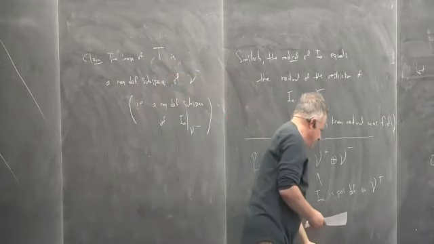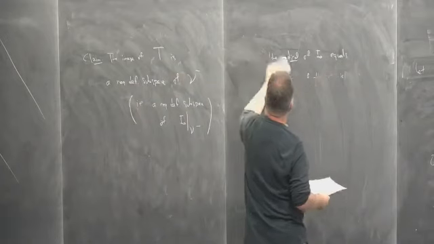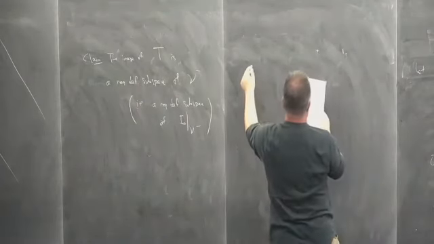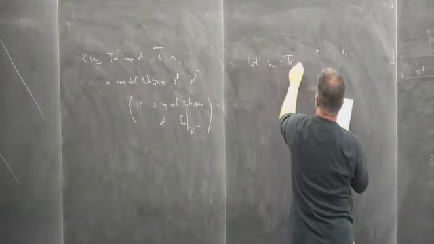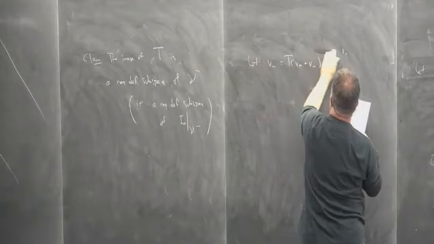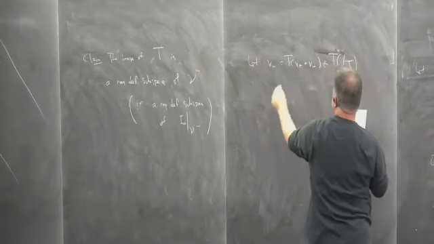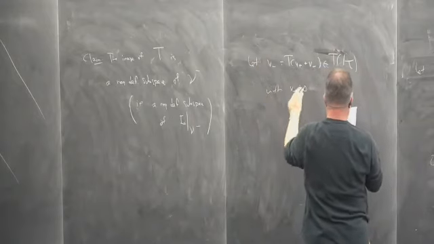Okay, so let's see why that's true. Let V minus be in the image, with V minus not equal to 0.